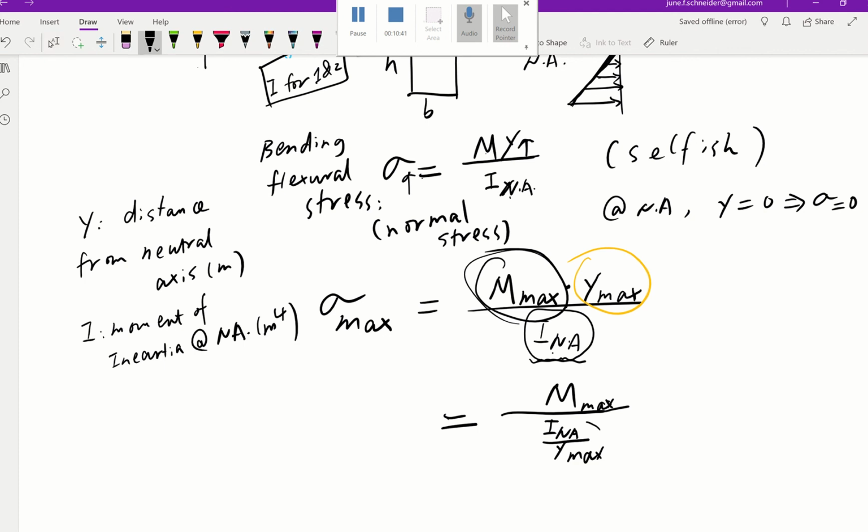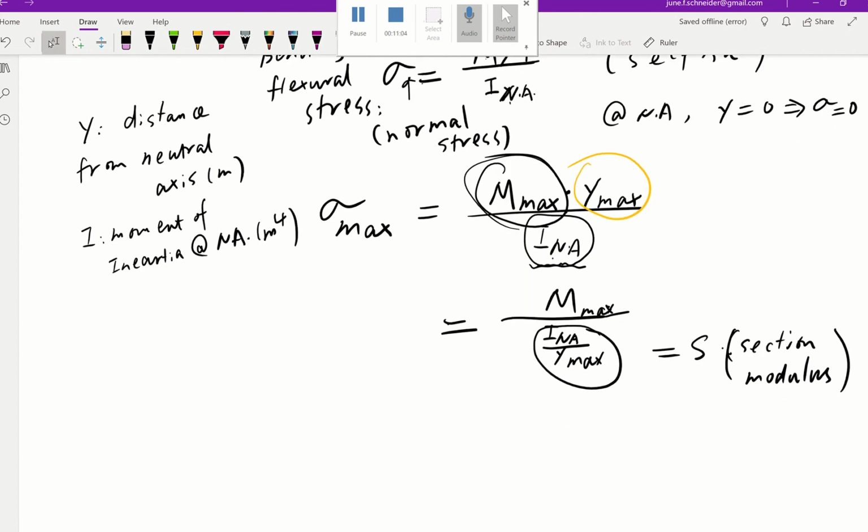Because there's a new term, I over y, the moment of inertia over the distance above the neutral axis, which is called S. S is called the section modulus. The section modulus is equal to I over y.